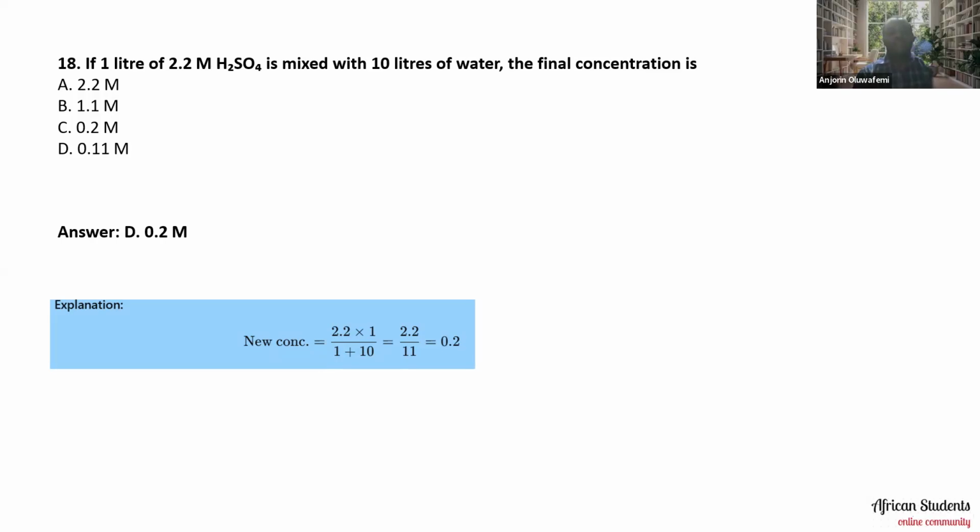So the final concentration will be equal to 2.2, the molarity of the acid, multiplied by the volume of the acid, divided by the volume of water that was used in that particular scenario. So when you do that, you end up having 0.2 molar.